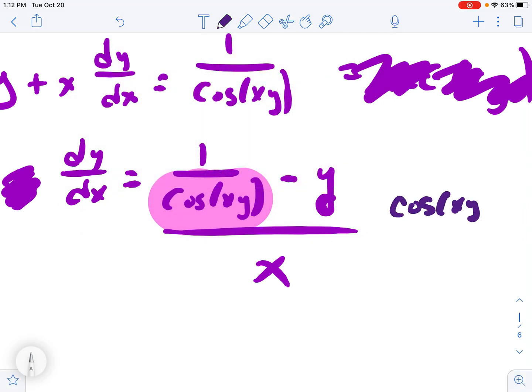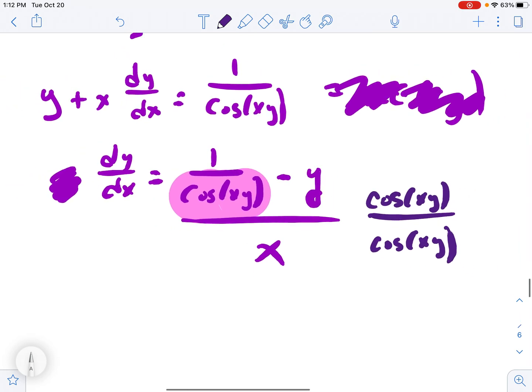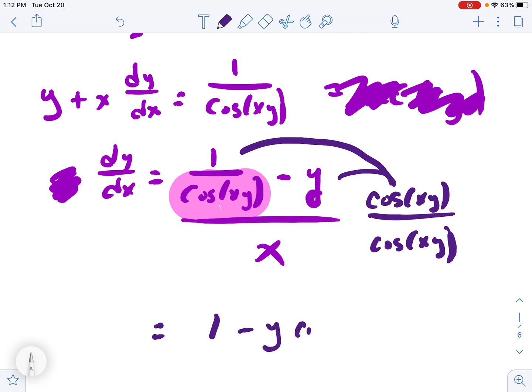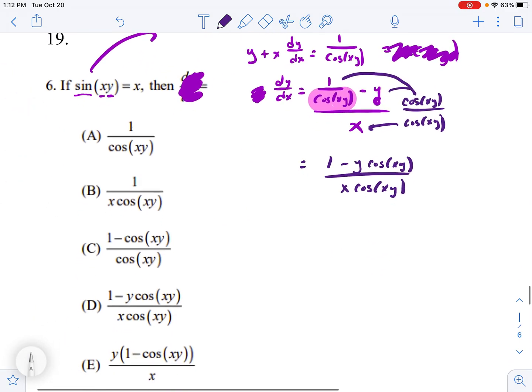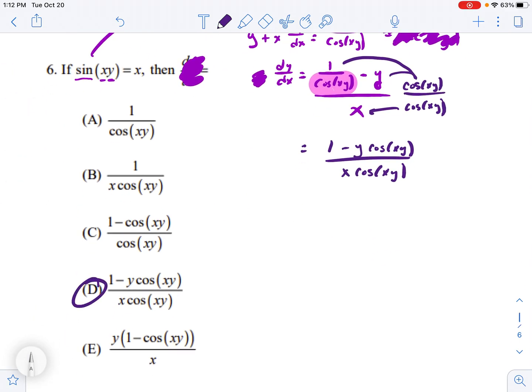So I'm going to multiply the top and bottom of my original fraction here by cosine xy. Now let's see what happens when we distribute. Distributing to that, we're just going to get 1. Distributing to this, I'm going to get minus y times the cosine of xy. Distributing down to the bottom, I'm going to get x times the cosine of xy. And it looks like choice D it is.